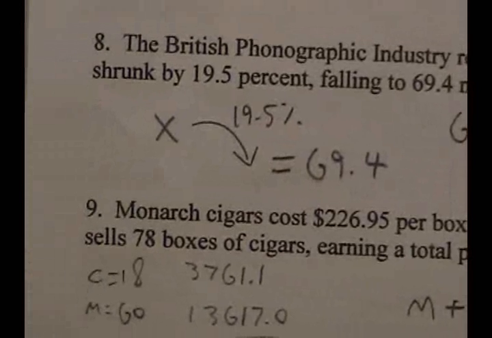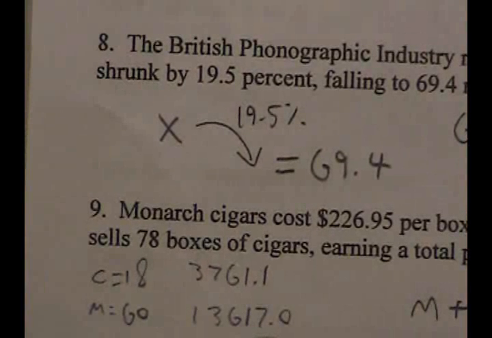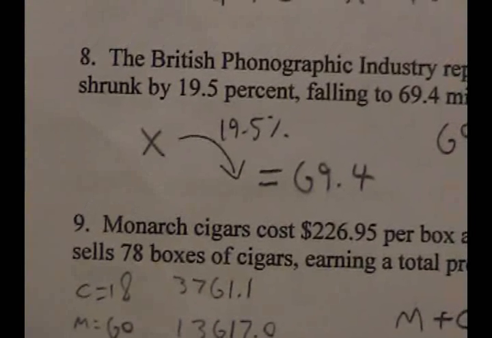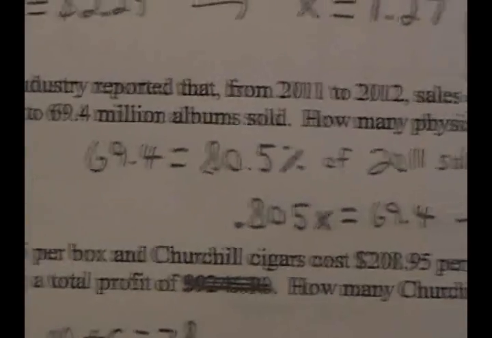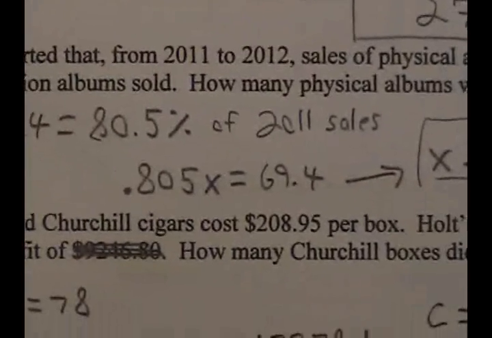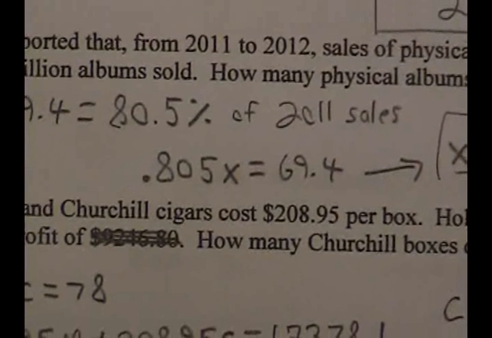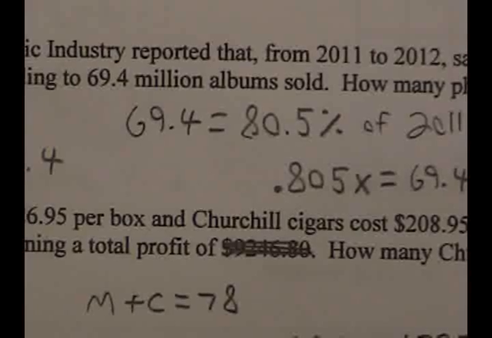What's this? Alright, this is the same kind of thing, only you were given a decrease of 19.5%, right? It was going down, and it ended up at 69.4. So what you're supposed to do is set that up like this: since something decreased by 19.5%, it's turning into 80.5% of its former self.